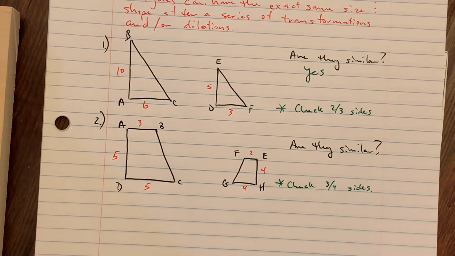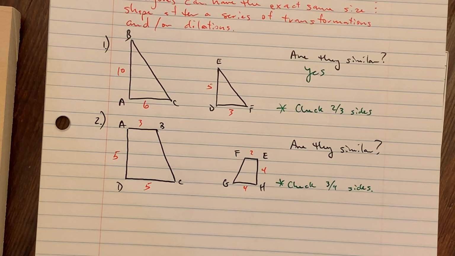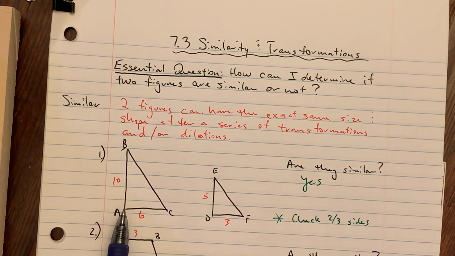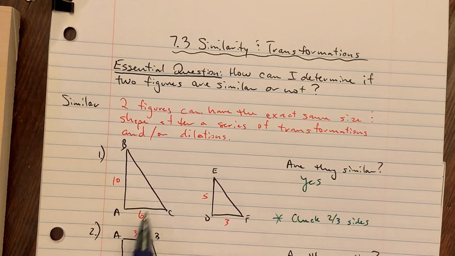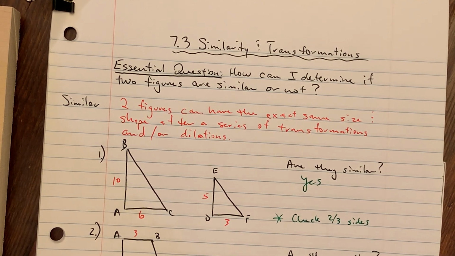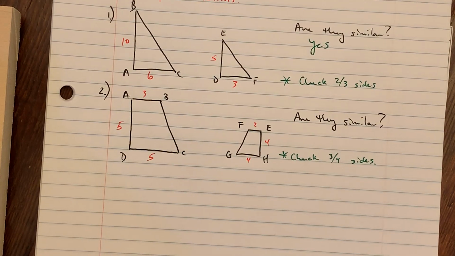When I compared these numbers in the previous example, if I created fractions out of it, 10 over 5 and 6 over 3, that's the same exact fraction. They both simplify down to 2 over 1. So I'm going to do the same idea here.